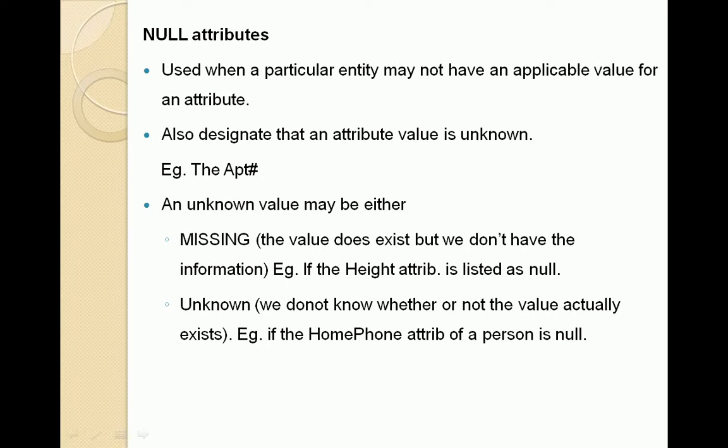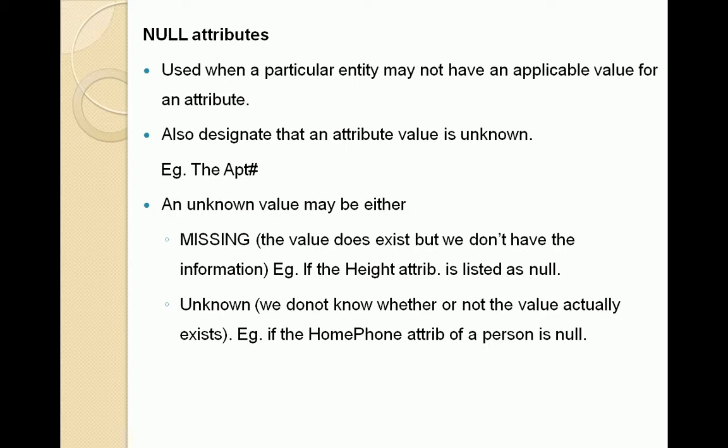Next are null values. When can you put null values in the database? When a particular entity may not have an applicable value for an attribute, or the attribute value is unknown, right? Now the unknown value can be either missing or unknown. Missing means the value does exist but we do not have any information, like we know there must be a height value associated with a person but we do not know his height.